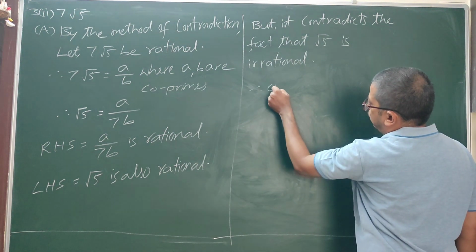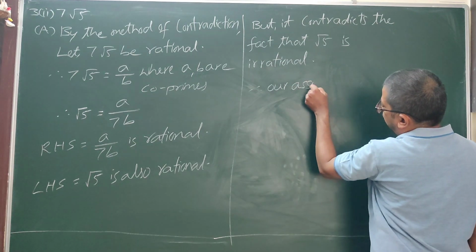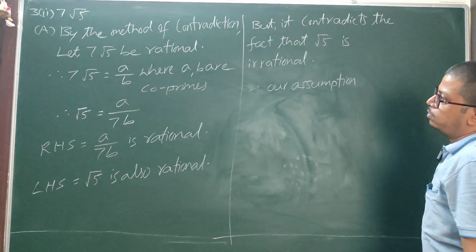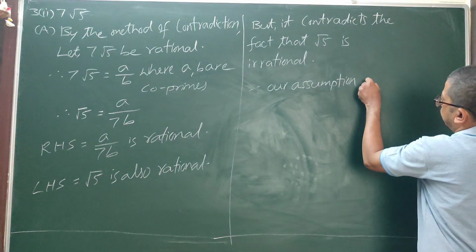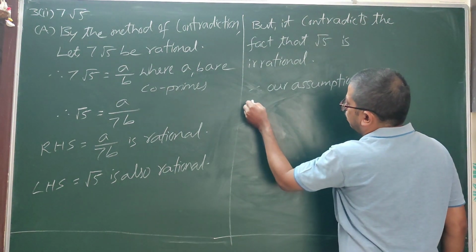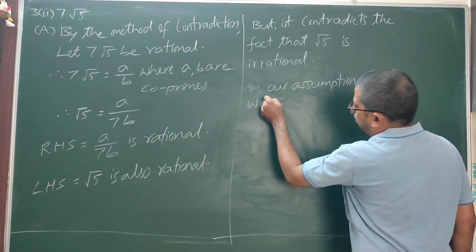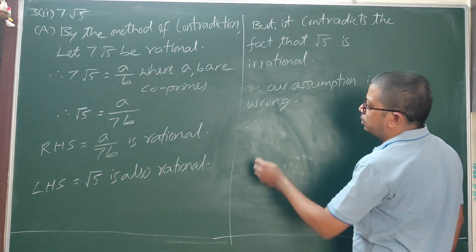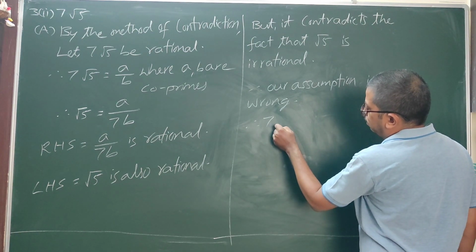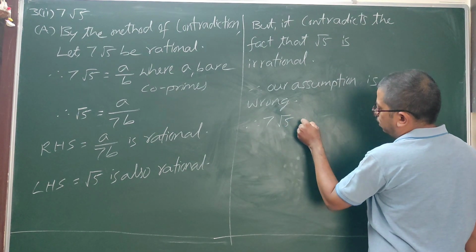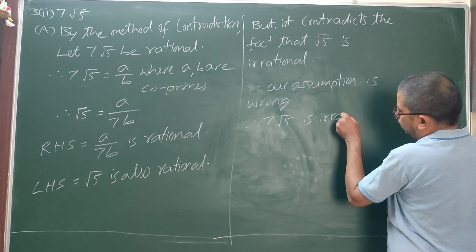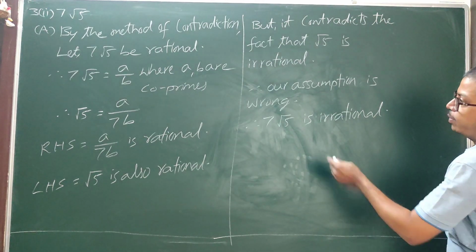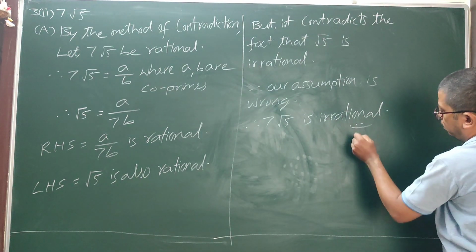Therefore, our assumption is wrong. Therefore, 7 root 5 is irrational by the method of contradiction.